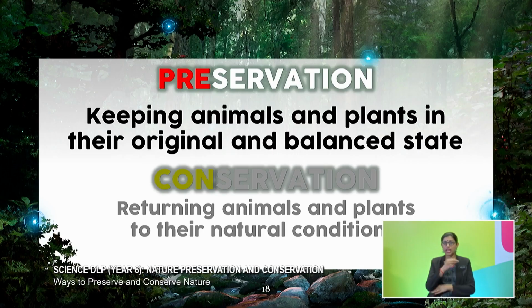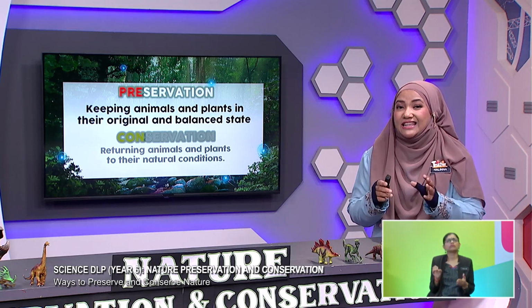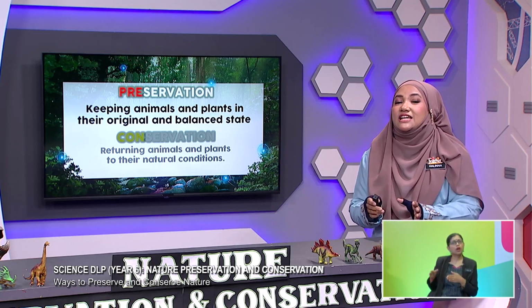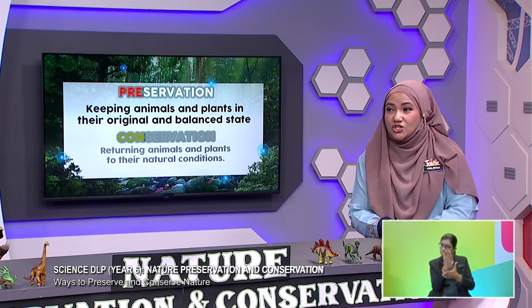That means the animals and the plants are in their original place, everything around them is balanced, they have enough food to eat, enough of all what they need to survive. So we need to keep that. Make sure it is kept like that forever and nothing can destroy it. So that is preservation.